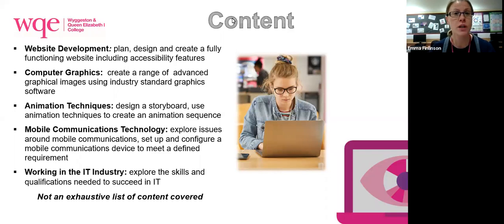Related to the computer graphics unit is an animation techniques unit that we offer also. Obviously, taking a still graphical image, the next step would be to create an animation from that, creating multiple versions that are slightly different to create an animated sequence.